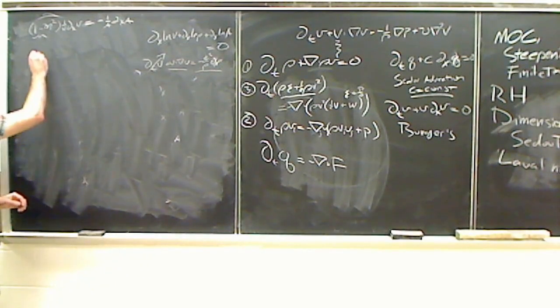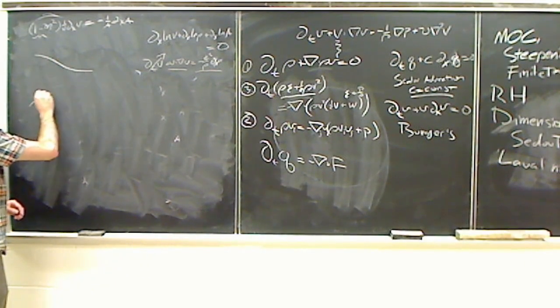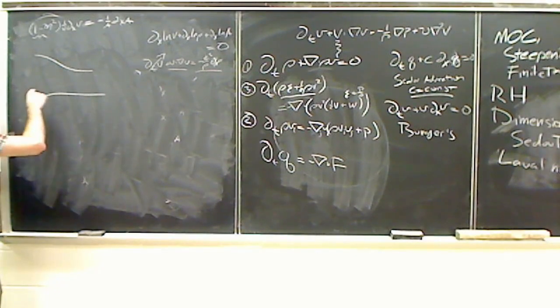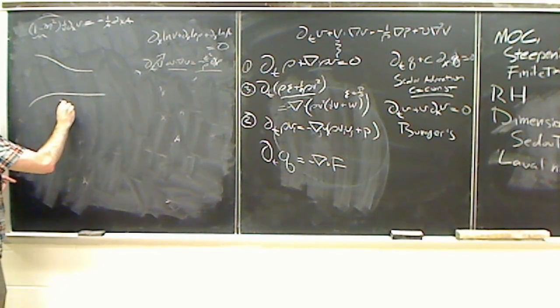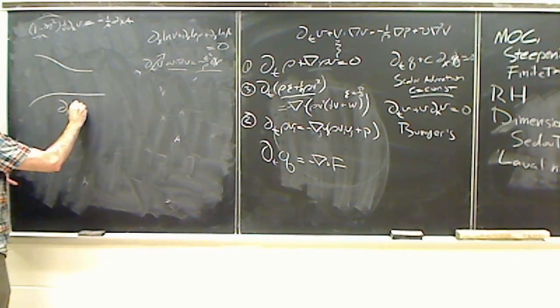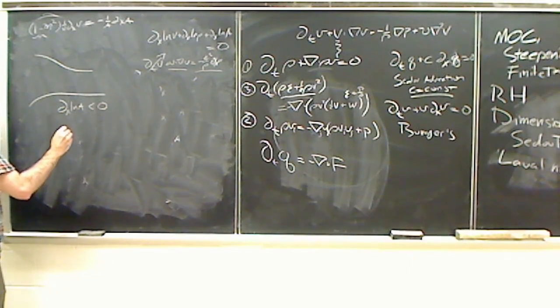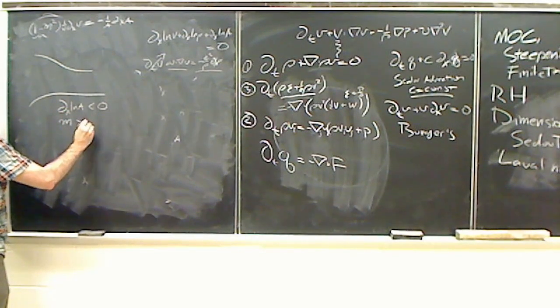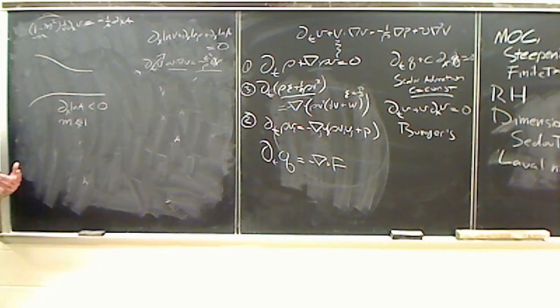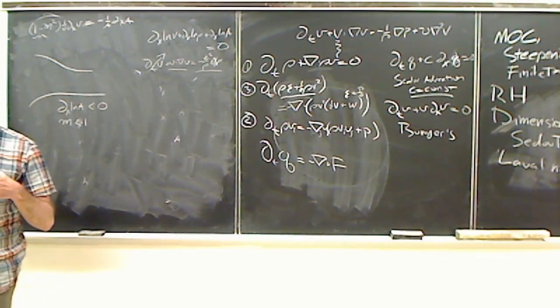If my flow gets narrower, so d by dx of log a is negative, then let's start with subsonic, where the Mach number is smaller than 1. This is what you're intuitively used to.